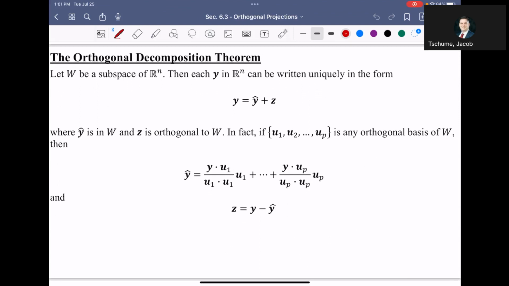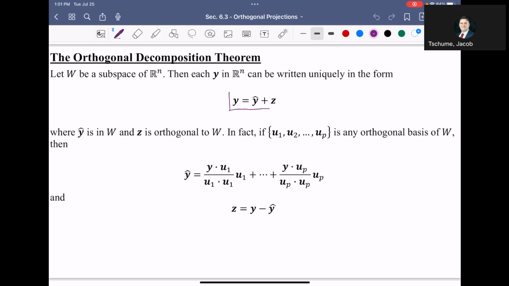The formula that we developed in the last video actually has an official name, and it's called the orthogonal decomposition theorem. It says let W be a subspace of R^n. Then for each y in R^n, it can be written uniquely in the following form.